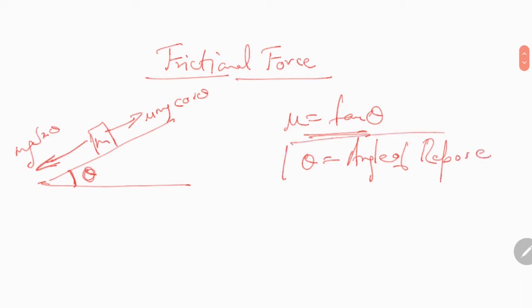This is the technical name for it. I want you to understand this because if you come across this word somewhere, you will know what this basically means. And of course, I'm not getting into how we derived mu is equal to tan theta. For that, please go back to my last class.